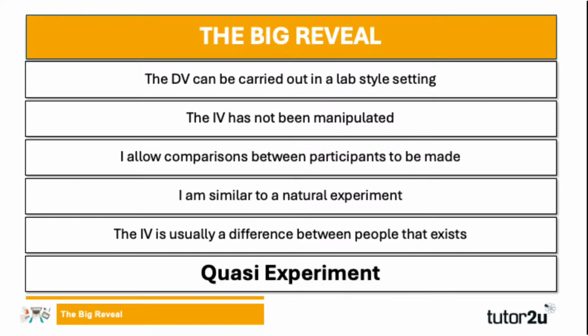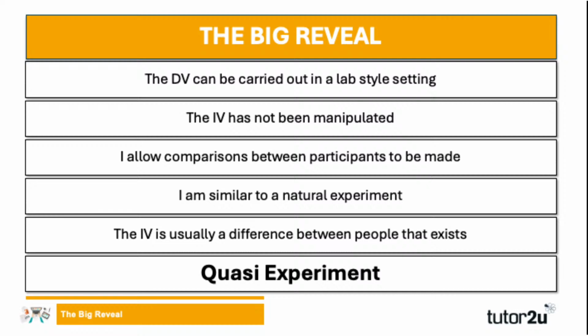Now, can anybody give me an example of a quasi experiment? So when we say the IV is usually a difference between people that exist, can anybody give me an example of that? Any example? One that you might have covered in class. Always good to have an example in your mind of these research methods, especially linking it with studies in the specification if you can. Yeah, good.